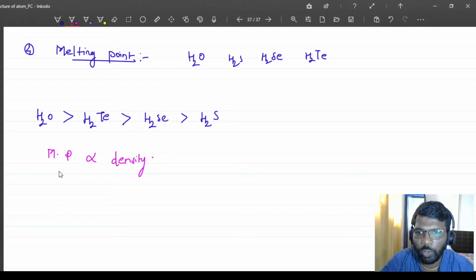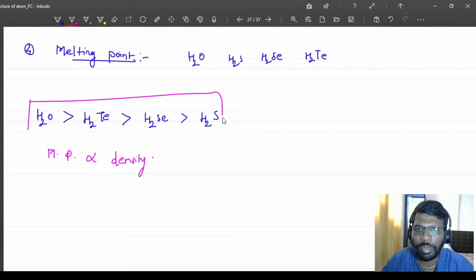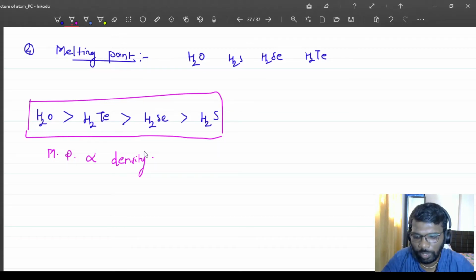As we go down the group, density increases. And that is the only thing about the melting point. The trend for the hydrides of group 16 is the same: the melting point and boiling point trends are the same. But the reason is different, because melting point is dependent on the density.